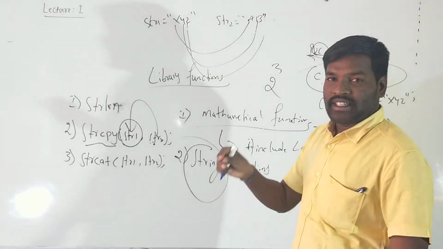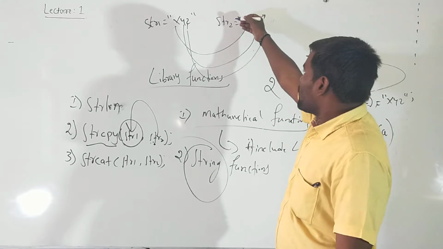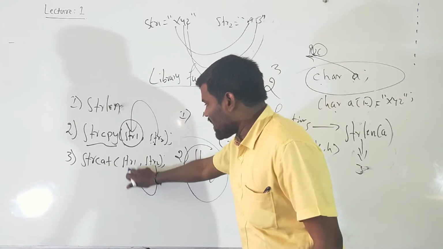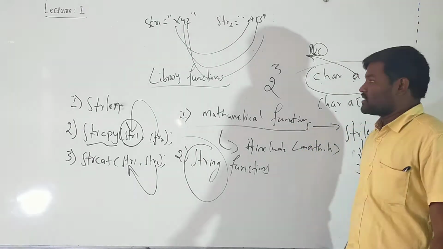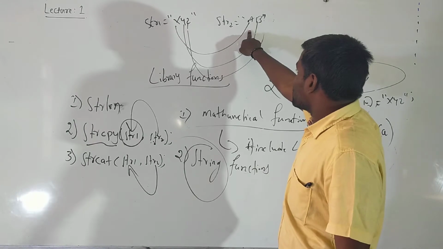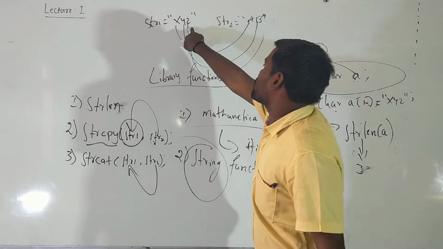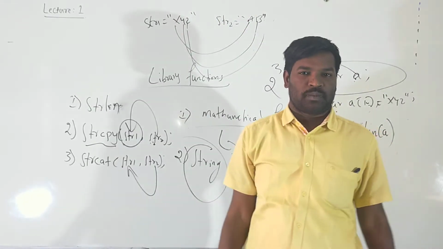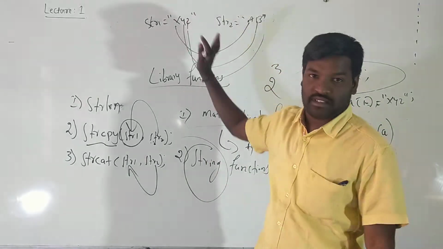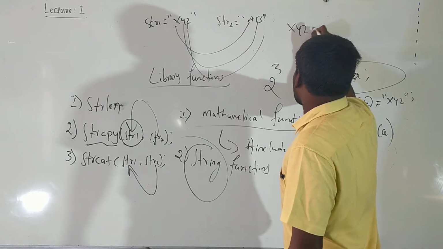Here the joining happens at the end of string 1. String 2 is joined at the end of string 1. See here, xyz is there, and ab is there. Here ab is joined at the end of string 1 without space, because there are no spaces. That's why the result is xyzab.